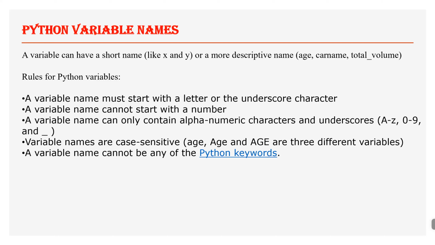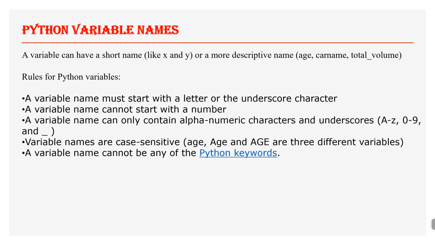When we give meaningful variable names, there are certain rules to be followed. The rule says a variable name must start with a letter or the underscore character. A variable name should start with either an underscore character or a letter.